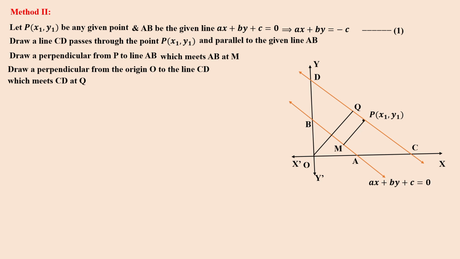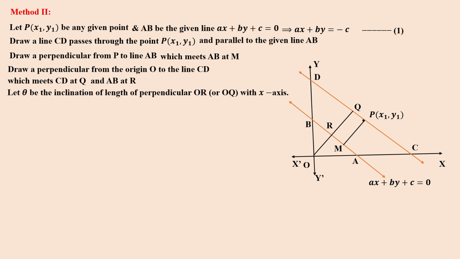So AB and CD are parallel, so this line OQ is definitely perpendicular to AB, right? Which meets AB at R. So OR is the perpendicular distance from origin to the line AB, and OQ is the perpendicular distance from the origin to the line CD, right?